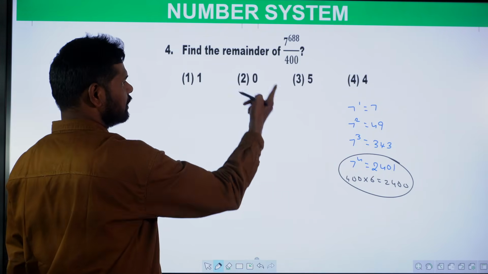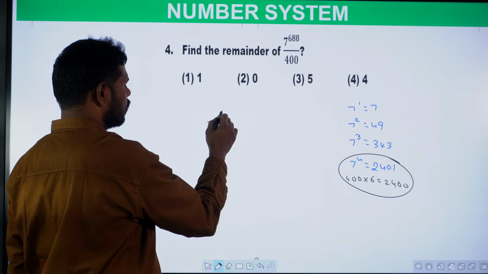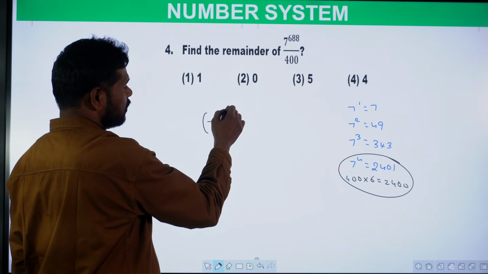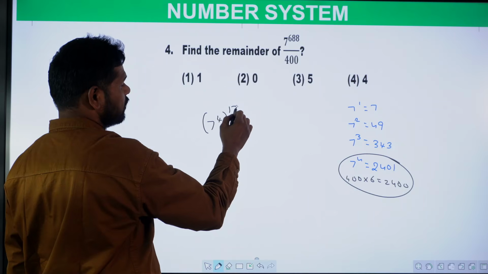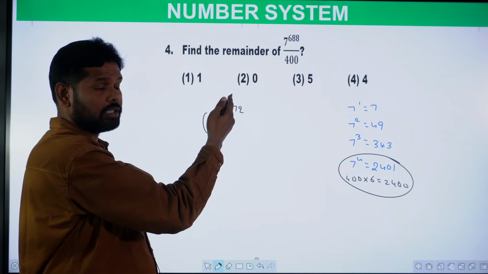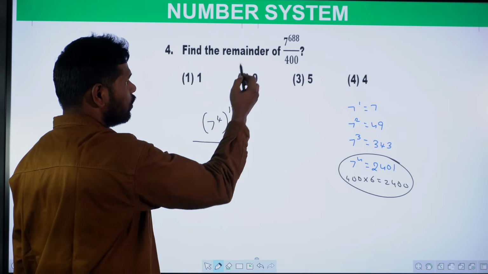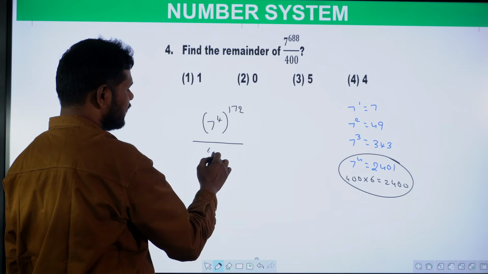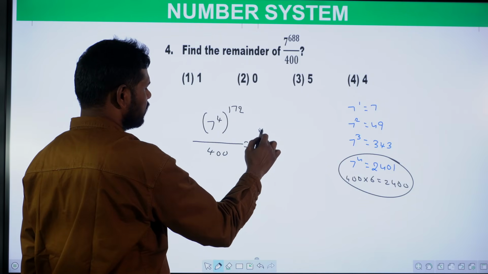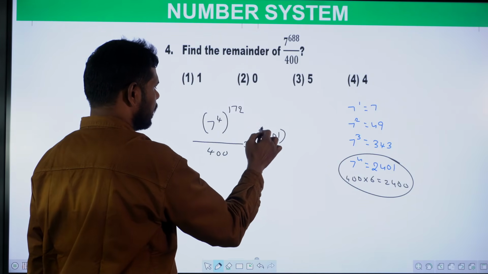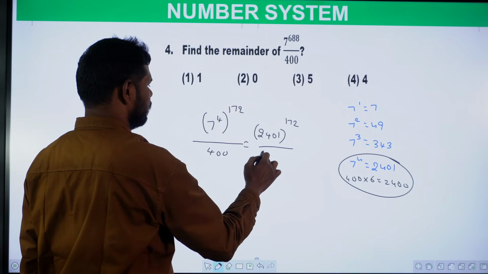So you convert that 7 power 4 whole power, 4 ones 4, 4 sevens 28, 4 twos 8, so 688 is completely divisible. So (7 power 4) whole power 172 divided by 400. 7 power 4 means 2401 whole power 172 by 400.